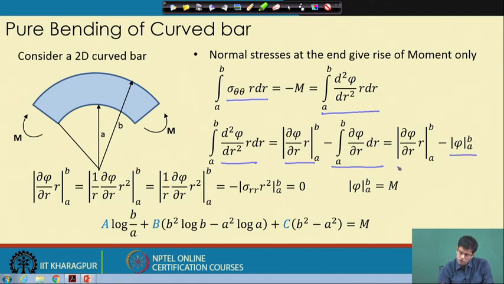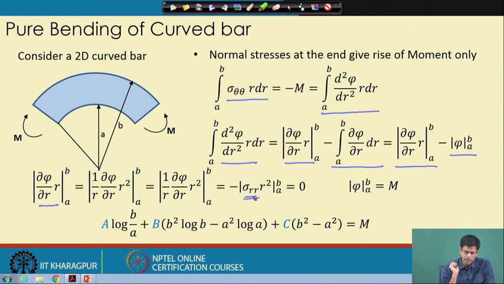Now, this term we also have to evaluate. If I write it in this form, 1 by r d phi by dr into r squared, I just multiplied and divided by r. This term is essentially our sigma rr.